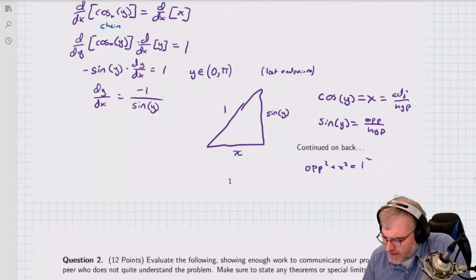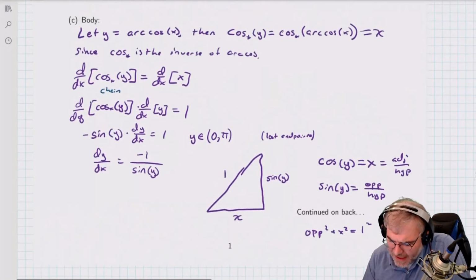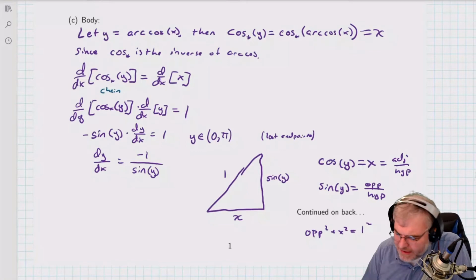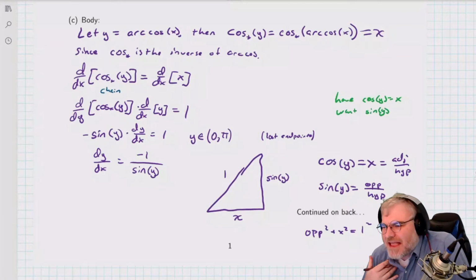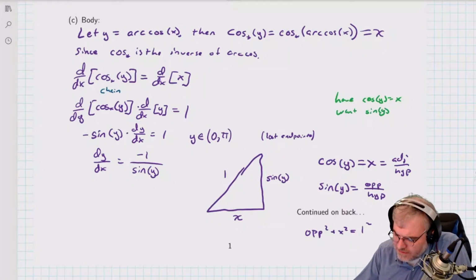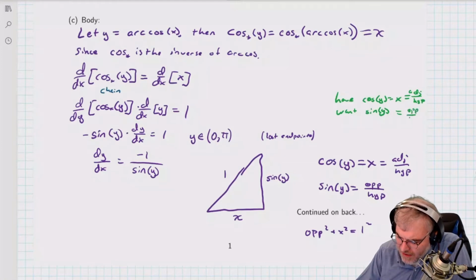Well, I start at the top here. So what I have here is this. Cosine of y equals x. And we can even write that over the side. I have cosine of y equals x, and I want sine of y. Now, wouldn't it be nice, right? This is adjacent over hypotenuse, and this is opposite over hypotenuse.